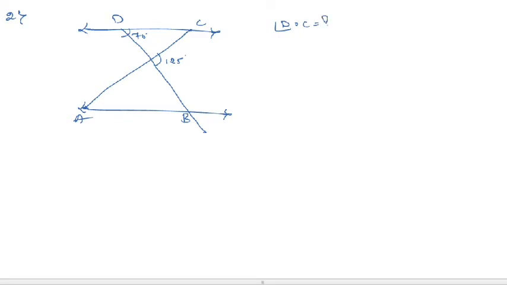Angle DOC is equal to question mark, angle DCO is equal to question mark, angle OAB is equal to question mark. For solving the first one, the intersecting point is O. Here DOB is a straight line.